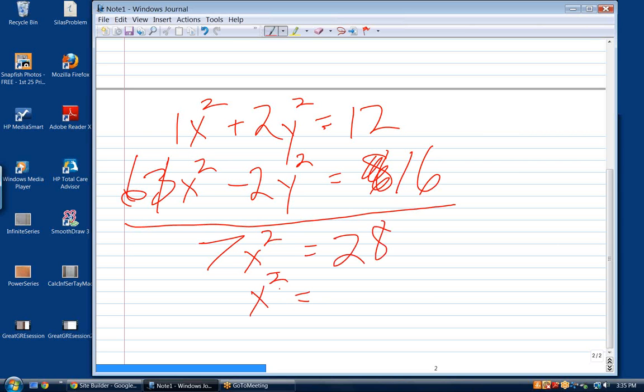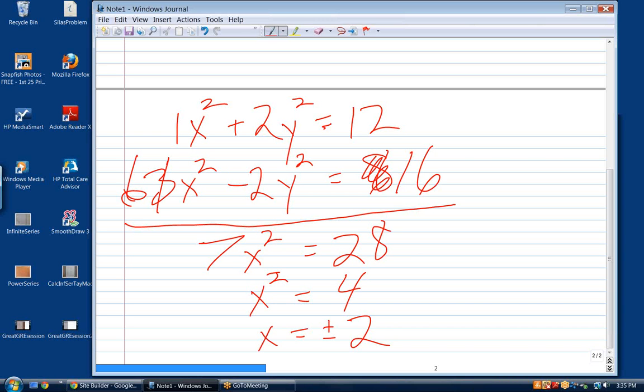And then x squared is 4, and the square root of 4 is 2, or plus or minus 2. I have a rash of students that keep missing these problems because they forget the plus or minus.